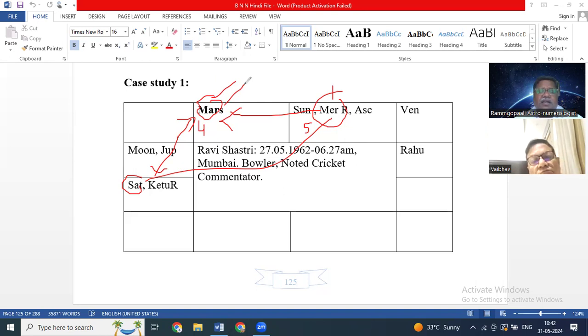He is a bowler, generally known for his bowling. He is the best bowler in his team. Any doubt here? So Mercury is combining Saturn and Mars here. Mercury is the ball, the ball is going to the wickets, and Mars is the wickets or bat.